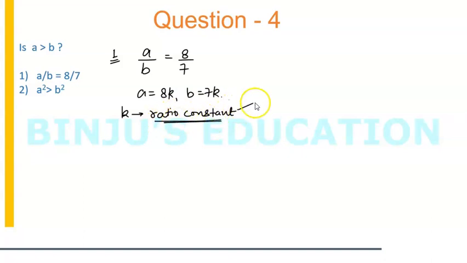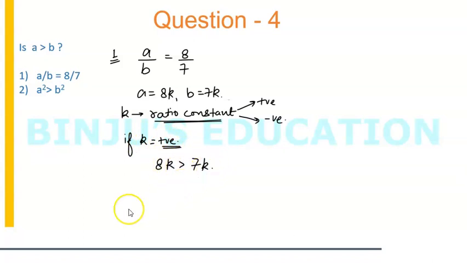Now ratio constant can be positive. Ratio constant can be negative. Like k can carry values such as 1, 2, 3, 4. At the same point of time, k can also carry values such as minus 1, minus 2, minus 3, minus 4. So if k is positive, then 8k will automatically be greater than 7k.